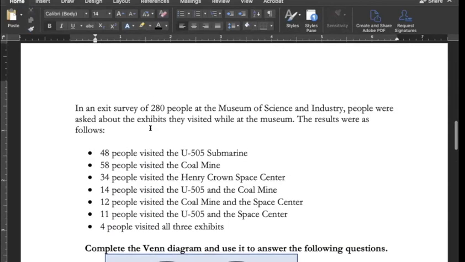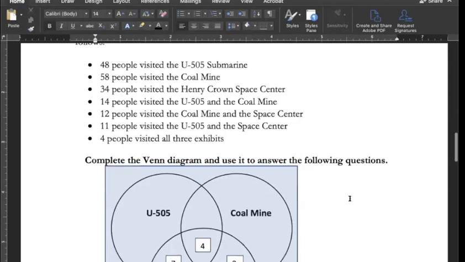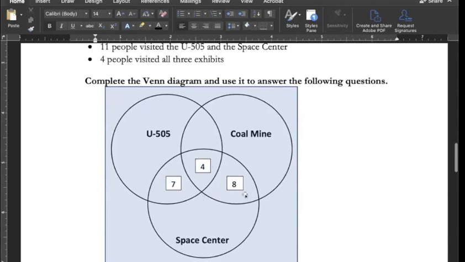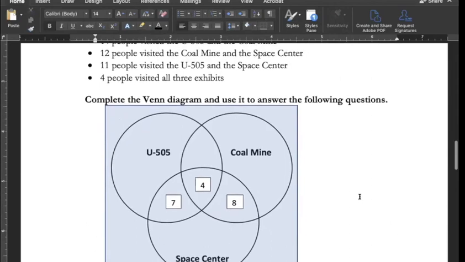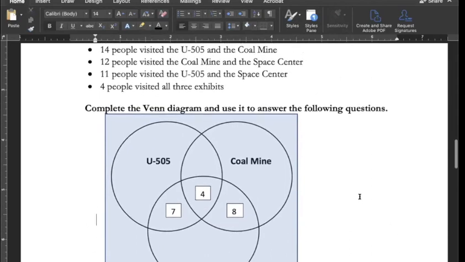Now remember, there's a total of 280 people, and we're identifying the regions in which those 280 people went to these exhibits. So moving up again, it says 14 people visited the U505 in the coal mine. So those 14 people are going to go between these 2 regions because these are the people that visited the U505 and the coal mine.